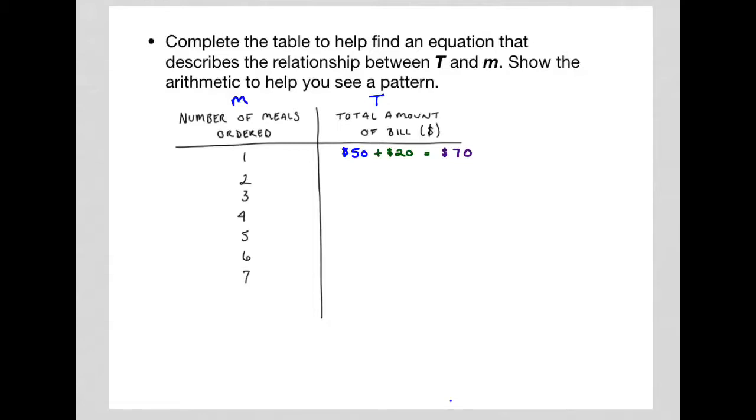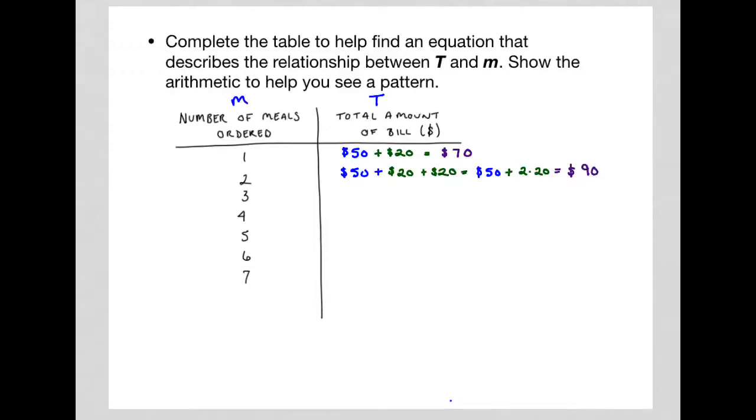If we look at 2 meals, again it's $50, and then one meal will be $20, and a second meal will be another $20. We can clean this up. This would be $50 plus 2 times 20. This will result in $90 total.